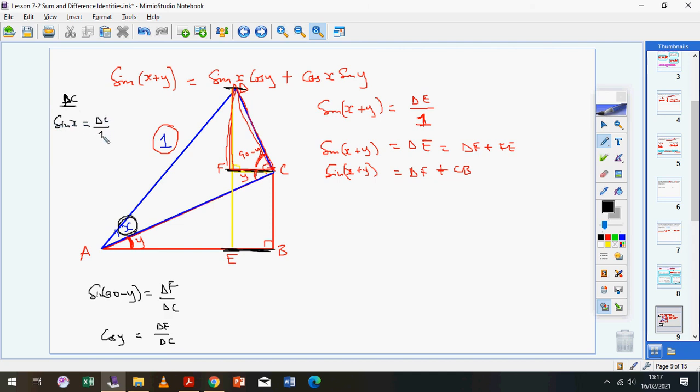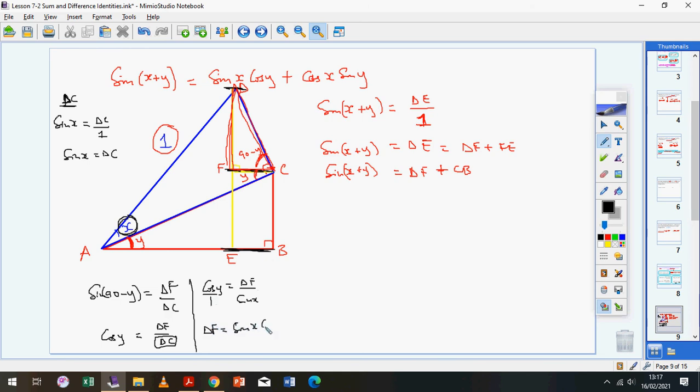So sine of x is equal to DC. DC is basically sine x. So instead of having DC here, I'm just going to replace it with sine x. So the cosine of y is equal to DF divided by sine of x. And DF, if I cross multiply, I'll end up with DF is equal to sine of x times cosine of y.